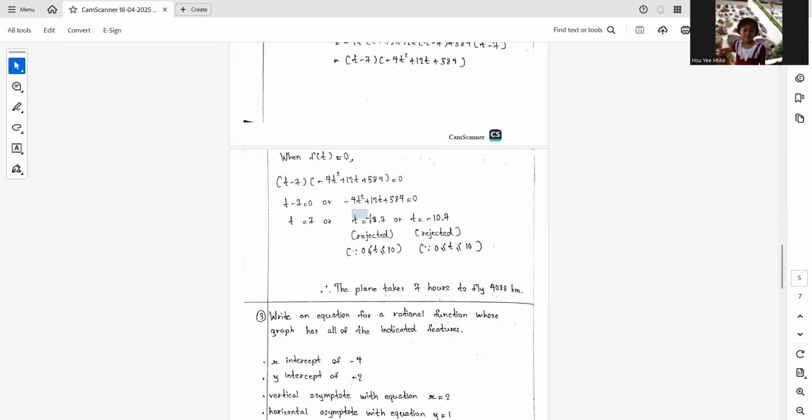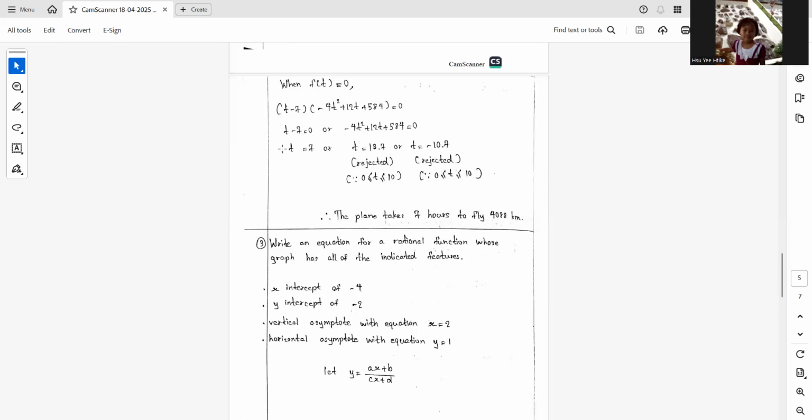So 13.7 and -10.7 are out of our range. So we get the value of t is equal to 7. So the final answer would be the plane takes 7 hours to fly 4,088 kilometers.